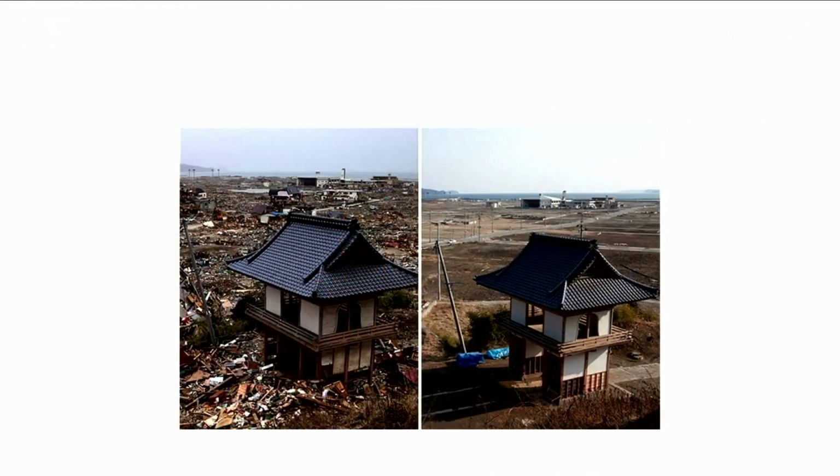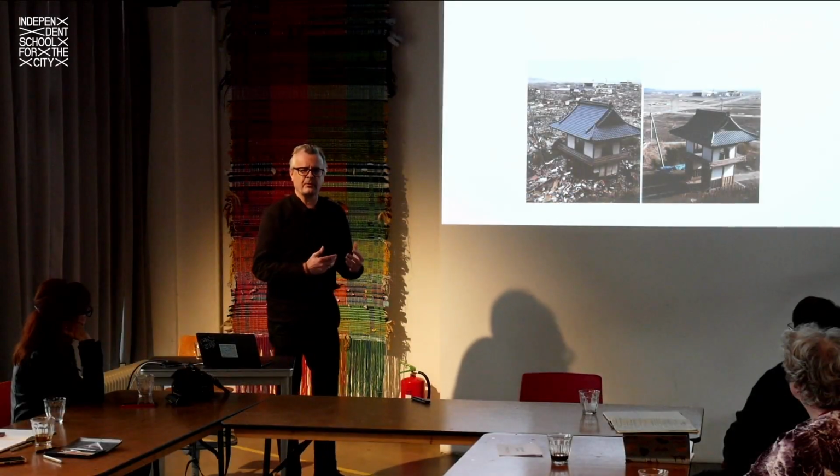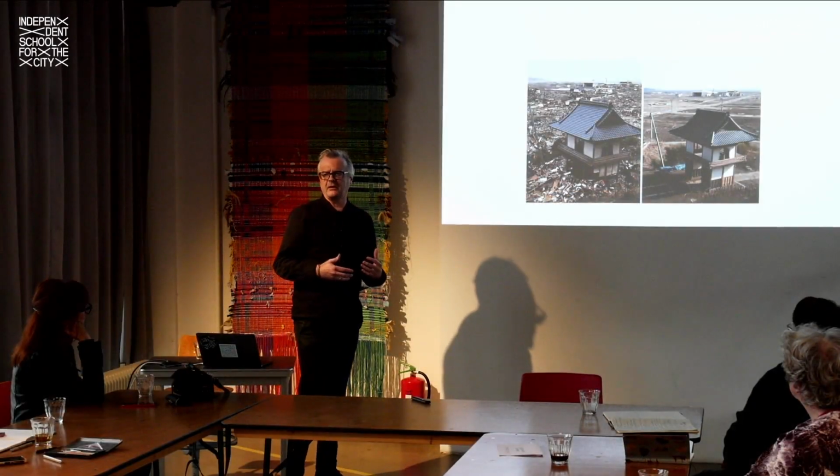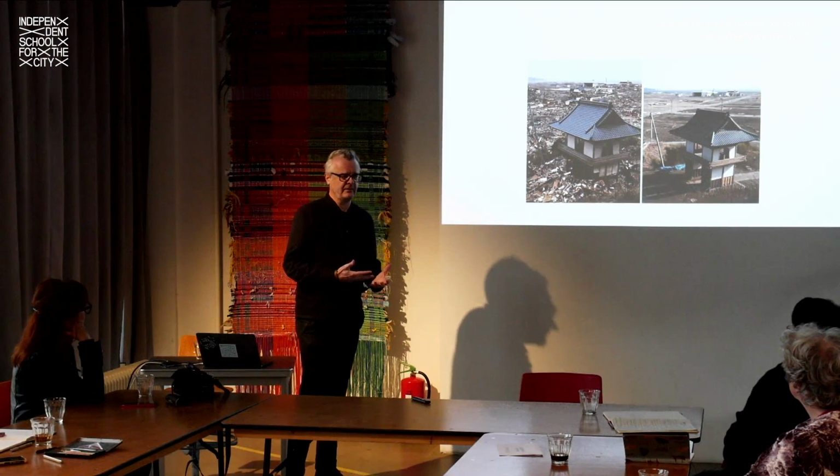And then there's always the one symbolic building that somehow by miracle has survived. So of course that one gets to stay, or it's also leveled up a little bit. But this is the normal way reconstruction would go.